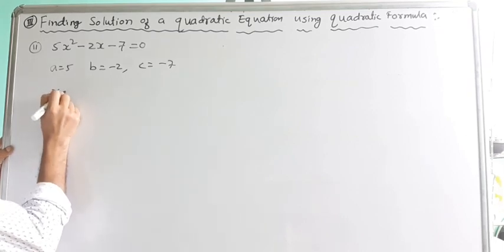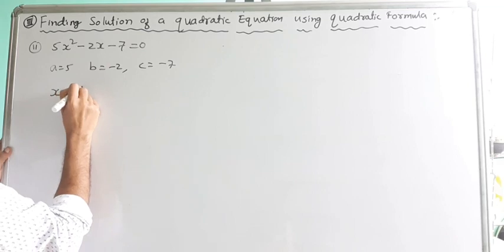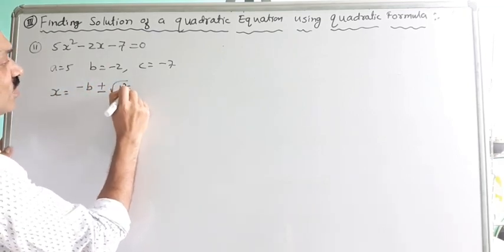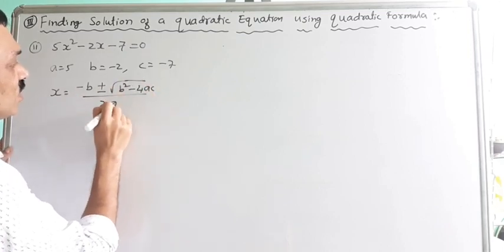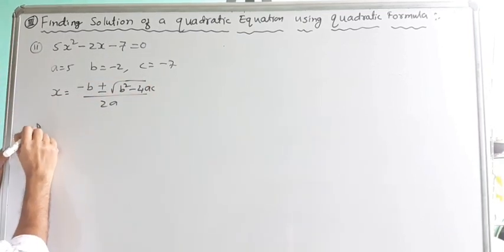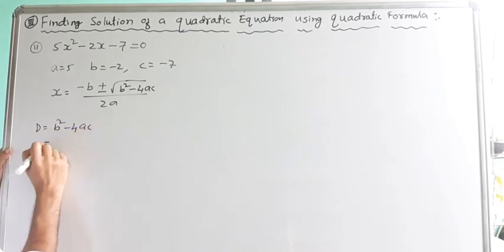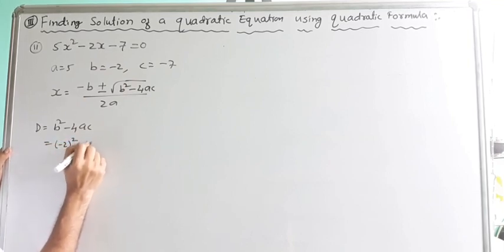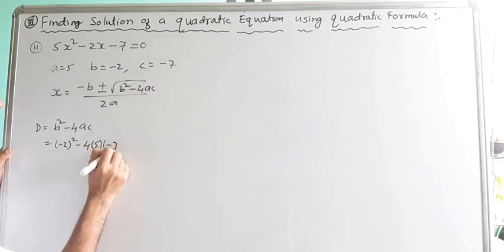For the quadratic formula method, x is equal to minus b plus or minus root of b square minus 4ac, that is D, upon 2a. So I'll find this first. D is equal to b square minus 4ac, b square is minus 2 the whole square, minus 4 into a is 5 into c is minus 7.